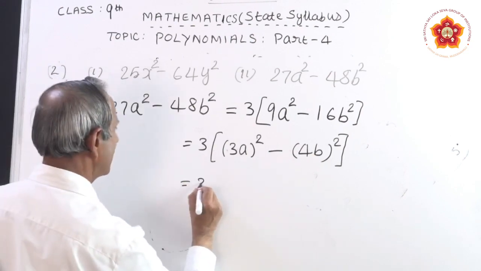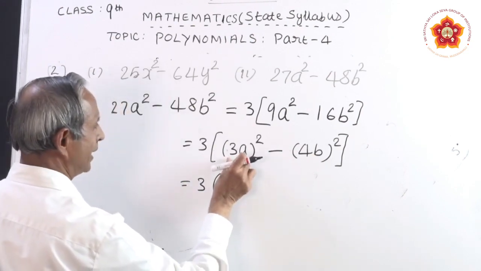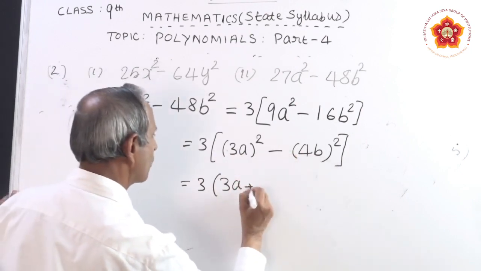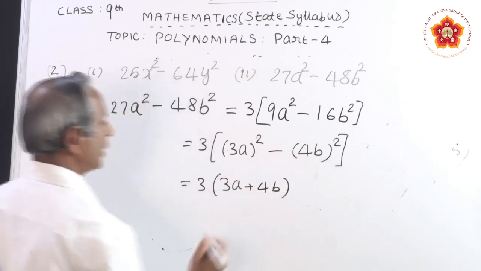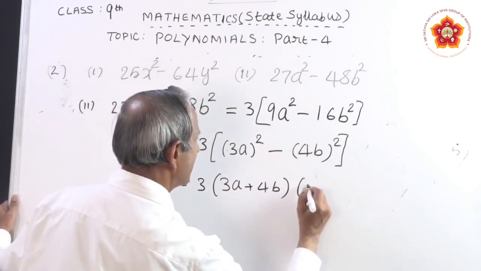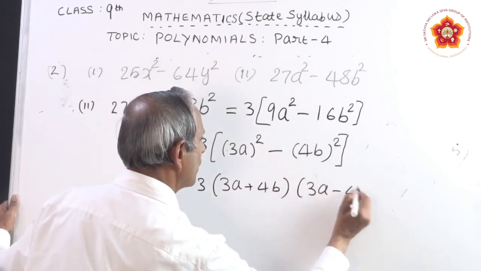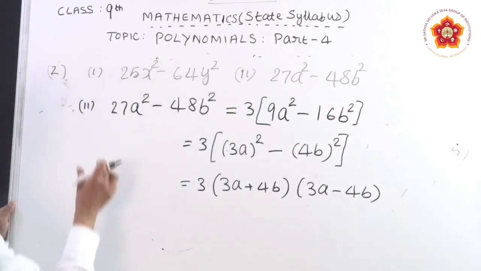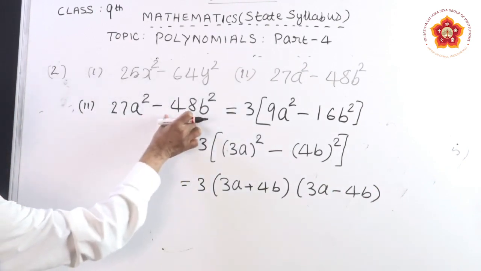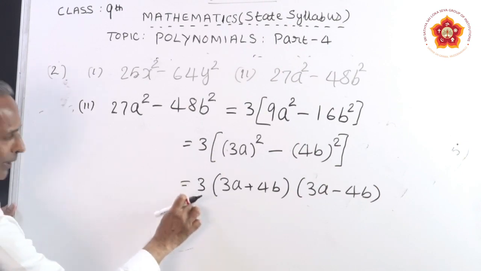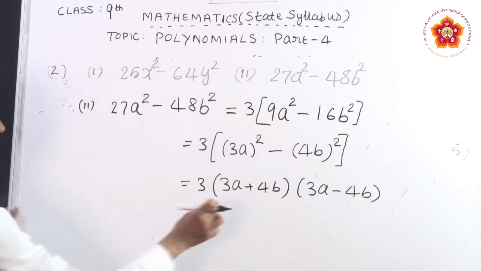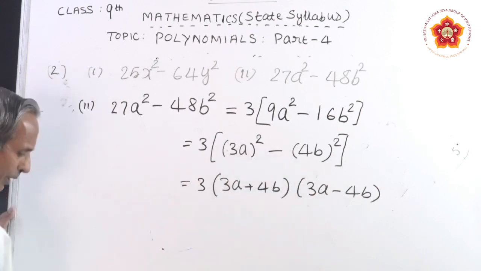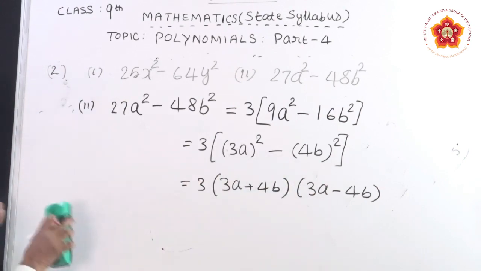Therefore, you can write it as 3a plus 4b into another factor, you have to change the sign, 3a minus 4b. Now, the factors of 27a square minus 48b square are, first factor is 3, second factor is 3a plus 4b, third factor is 3a minus 4b. This is the solution for the second problem.